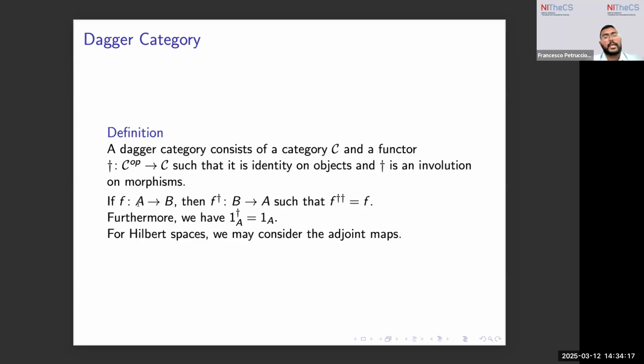So if I have a map F from A to B, then we need to require that there exists F dagger, a map from B to A, such that when I do this dagger operation twice, I get back the original map F. And furthermore, dagger on the identity map is the identity map itself. And for Hilbert spaces, what would be the obvious option for this dagger operation? It's simply the adjoint map for any linear map.